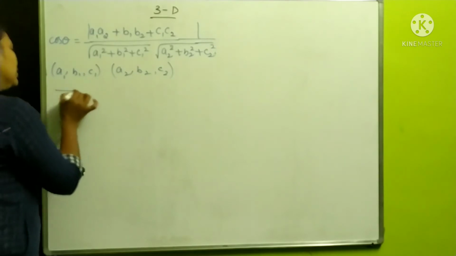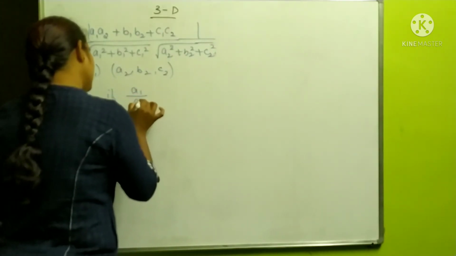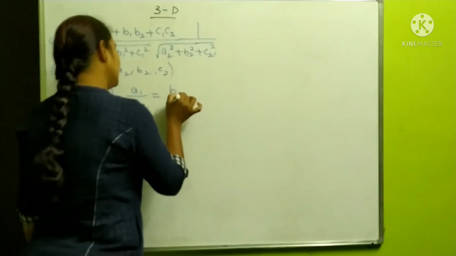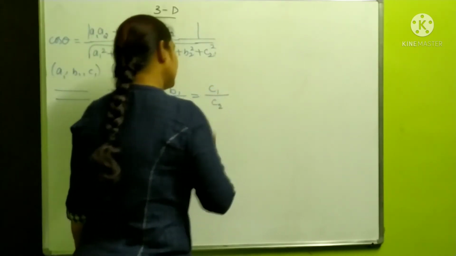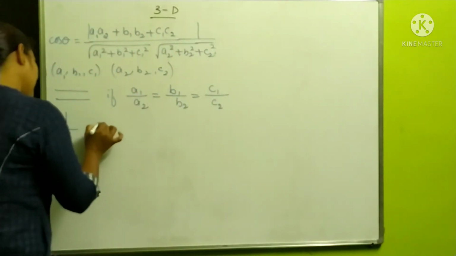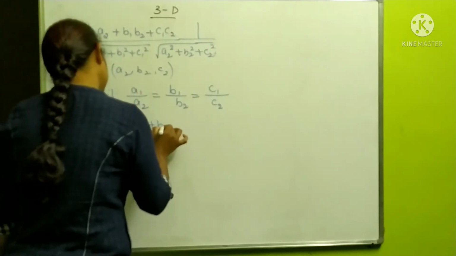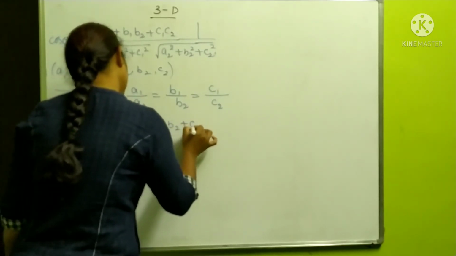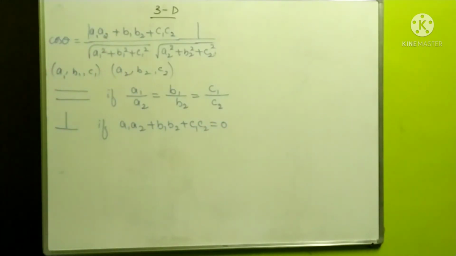Now, two lines are parallel if A1 by A2 is equal to B1 by B2 is equal to C1 by C2. Also, two lines are perpendicular if A1 A2 plus B1 B2 plus C1 C2 is equal to 0.